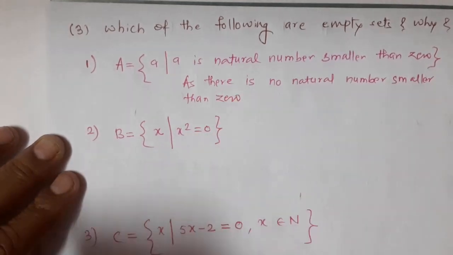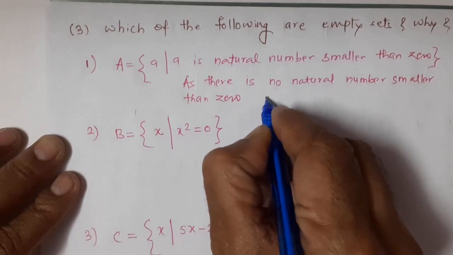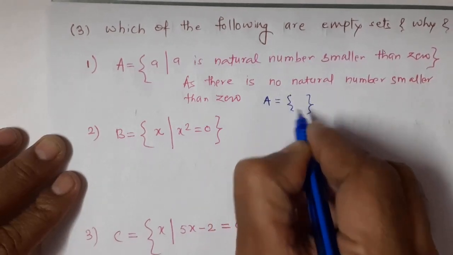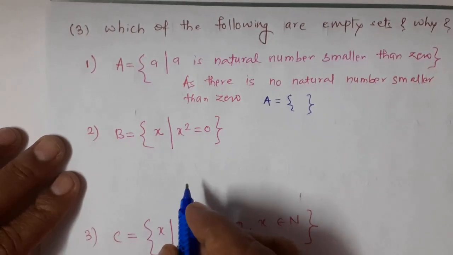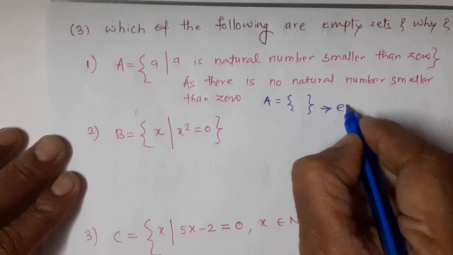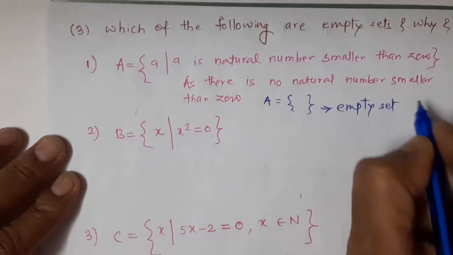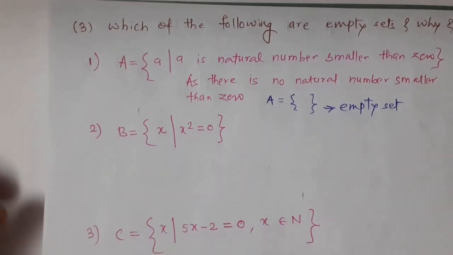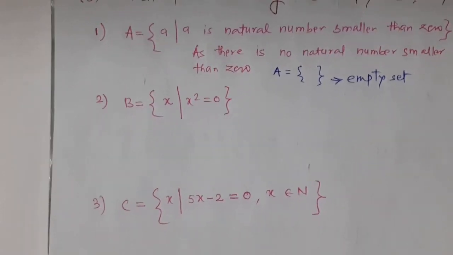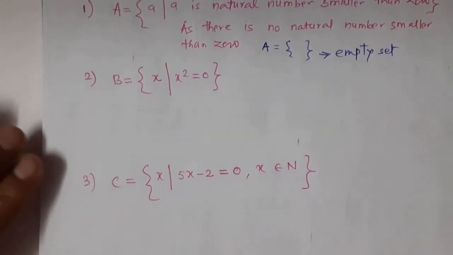Okay, that's why we can say that A is an empty set. Then the second example is given: B is a set of x where x square is equal to 0.